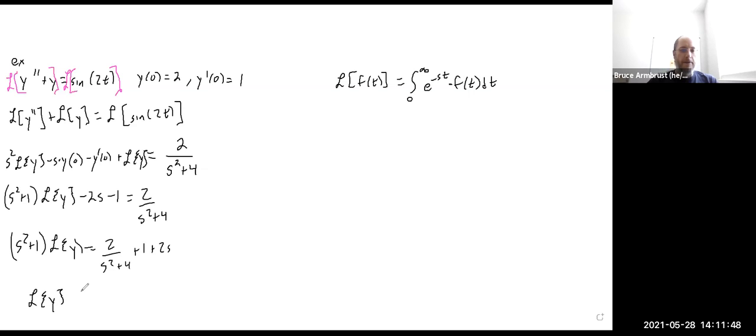So I get the Laplace transform here is going to equal, I'm going to go ahead and combine this into one thing by getting a common denominator. So we're going to get 2s cubed plus s squared plus 8s plus 6 over s squared plus 4 times s squared plus 1. I'm just double checking my algebra there, but I think that's right.